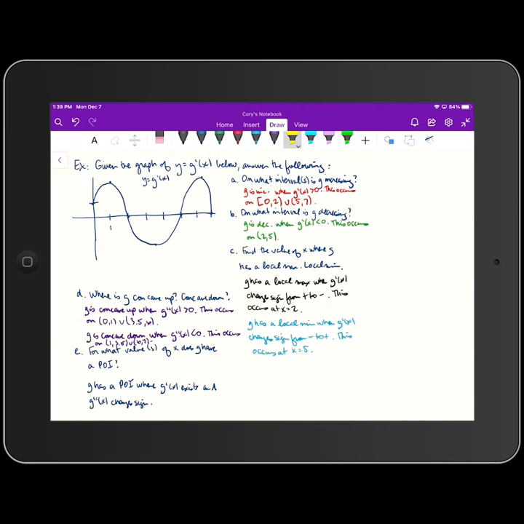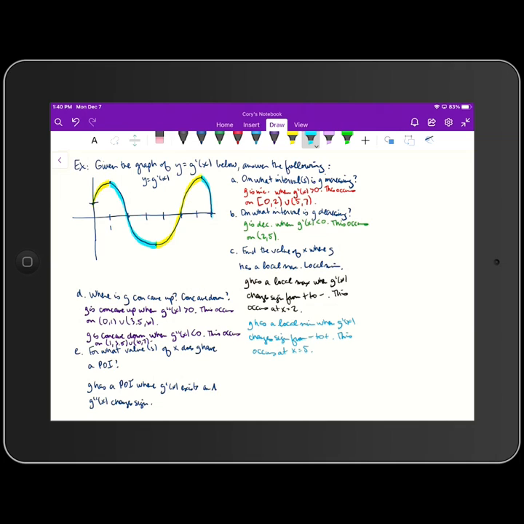I'm going to do in yellow where the second derivative is positive. So second derivative is positive there, and the second derivative is positive here. And then I'm going to do where the second derivative is negative in blue. So second derivative is negative here, and also negative there. The first derivative exists everywhere because there are points at every single value on the interval from 0 to 7.